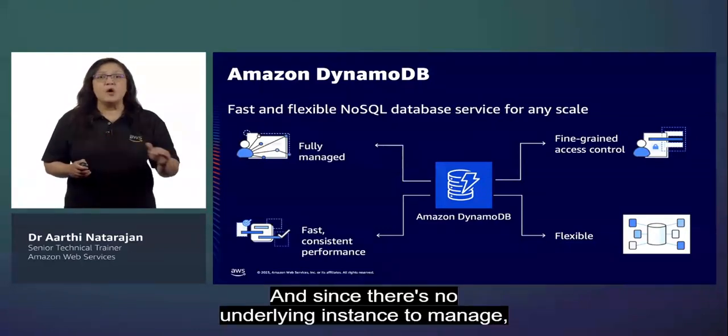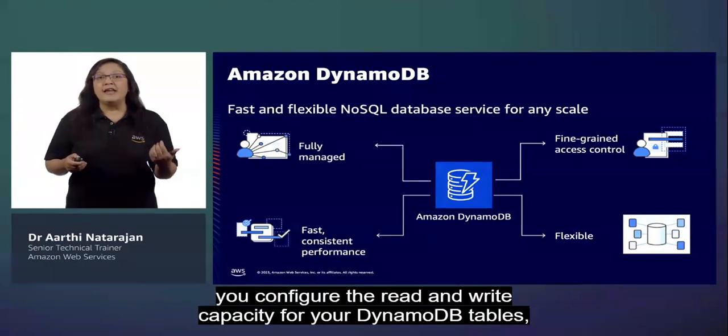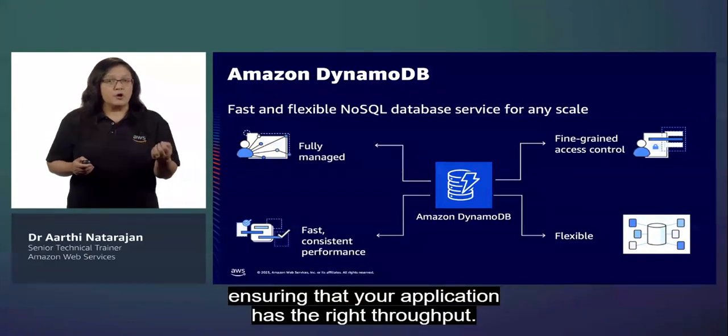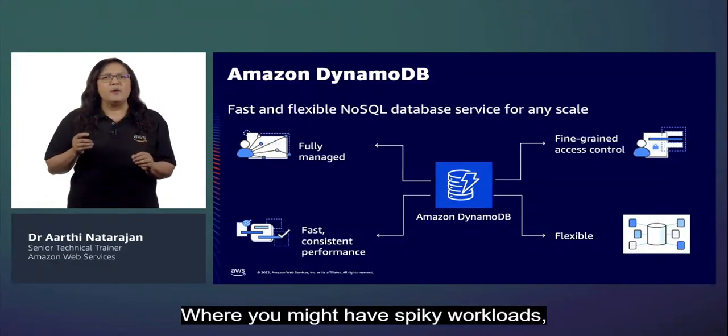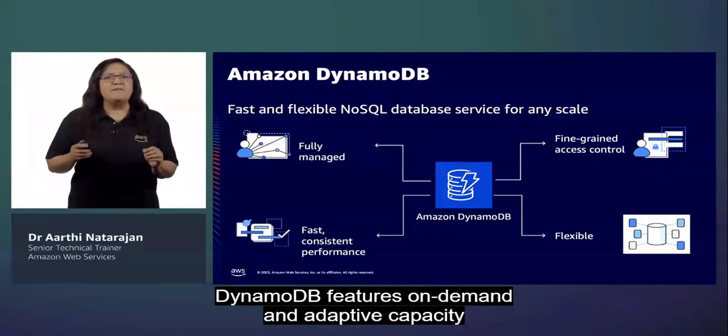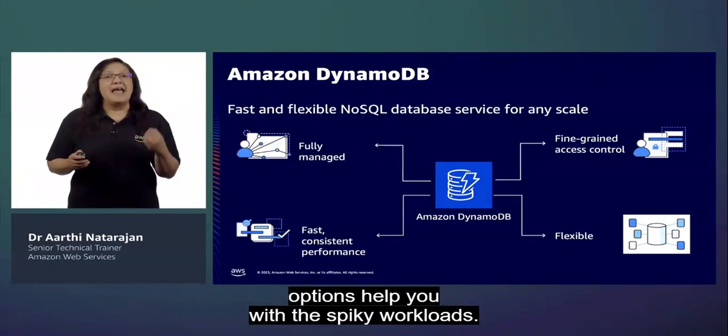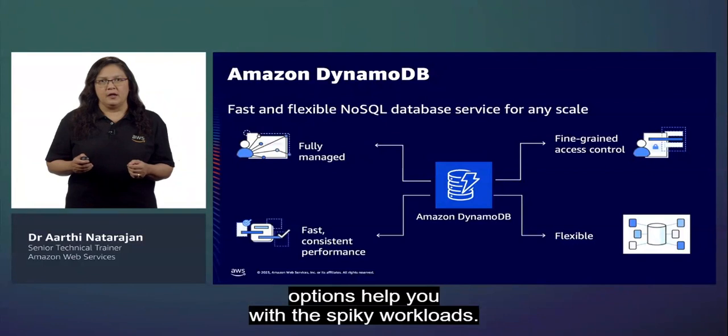And since there's no underlying instance to manage, you configure the read and write capacity for your DynamoDB tables, ensuring that your application has the right throughput. Where you might have spiky workloads, DynamoDB's on-demand and adaptive capacity options help you with those workloads.